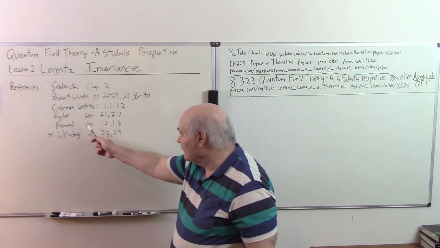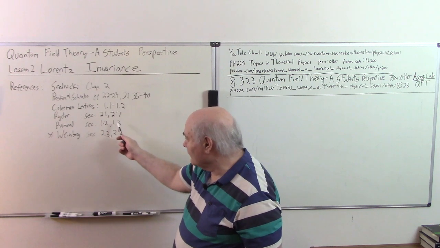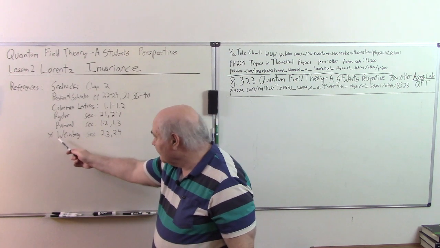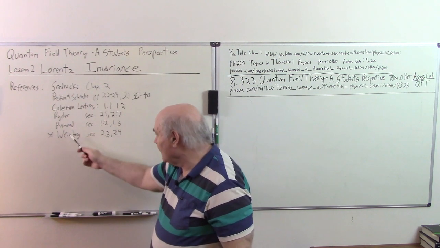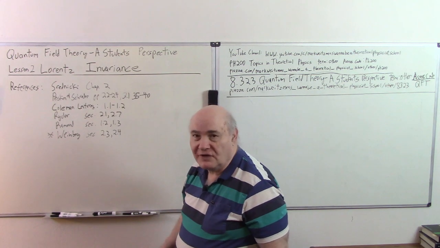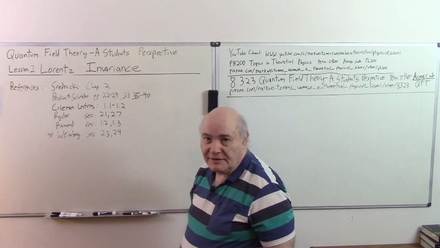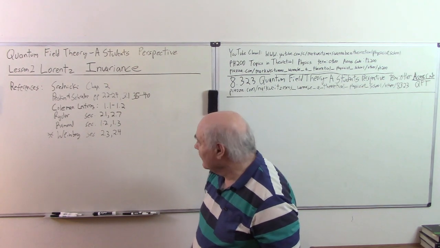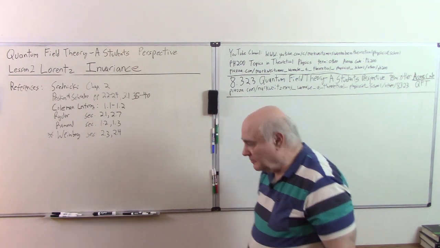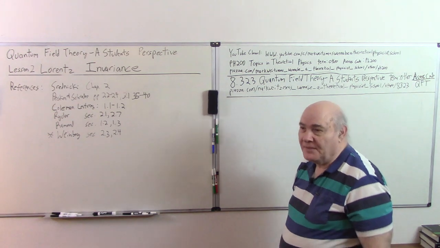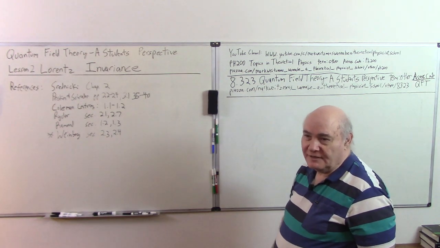Then Ramond has something a little bit more advanced in his early sections. And the main reference is Weinberg, which Srednicki cites. He has a very detailed chapter 2 where he goes through all of this, and 2.3 and 2.4 are very relevant to scalars. So there's a lot of books and material out there, and they all use slightly different notation.